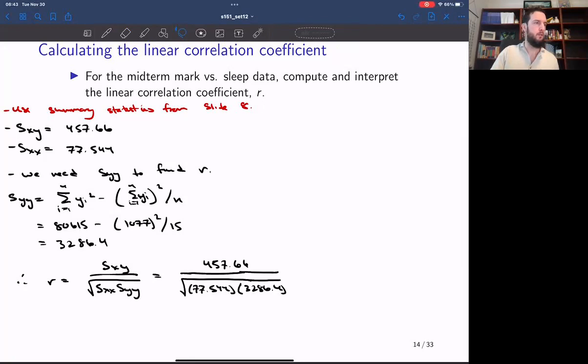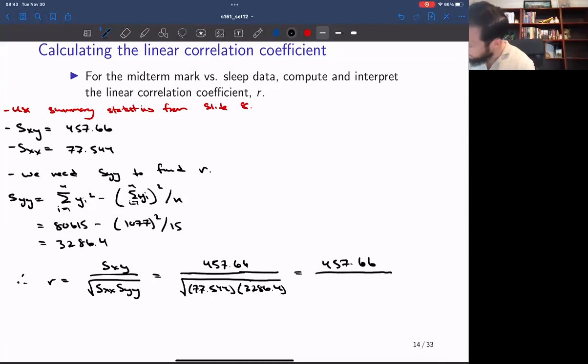This is going to give us 457.66 divided by 504.8174, which is 0.907.